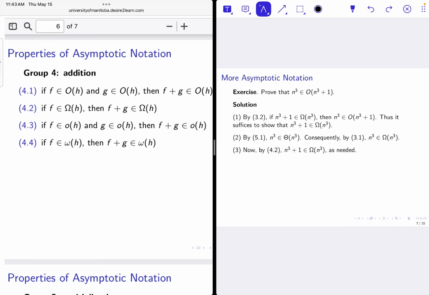Well, remember what big omega is. N cubed is basically greater than or equal to itself. So like, if we already have a statement like this, you could just add 1 to the big side.